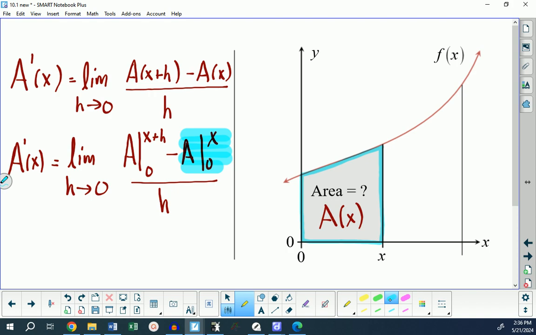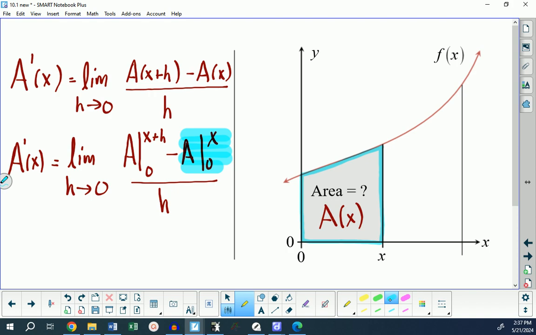Well, we don't have an x plus h, but you will notice I have a line here. And I would like you to draw a vertical line approximately in that position. You want it just in that position because a little bit later we're going to be doing something with the curve that requires it in that approximate position.